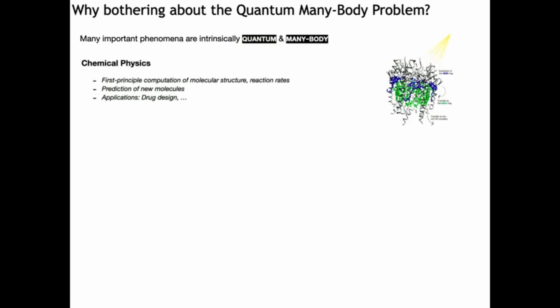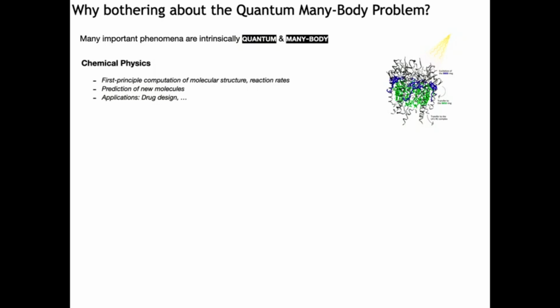For example, in the domain of chemistry, it would be very important to have first principle computations of molecular structures and reaction rates, right? And in some cases, quantum effects are believed to play a fundamental role here. Of course, the computation of, for example, the ground state energy of molecules requires fundamentally quantum mechanics, and this is important to get precise estimates, but also some of the phenomena are believed to be inherently quantum mechanical.